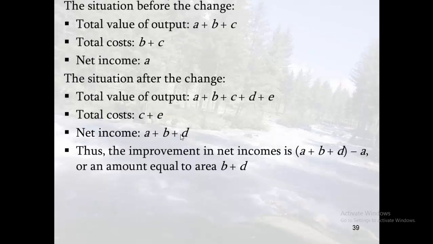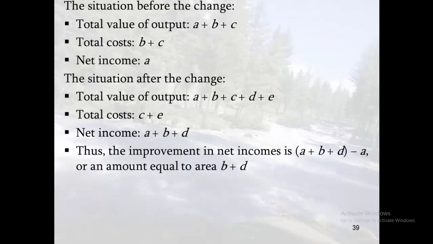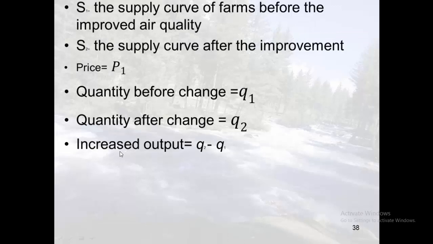If we look at the diagram, then the total output before the change, meaning before improvement in the quality, is A plus B plus C. A plus B plus C is the total output, B plus C is the cost, so A is the income.